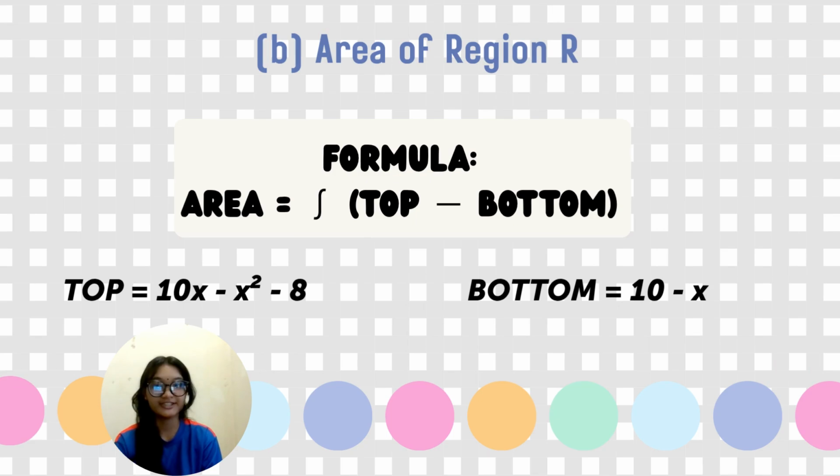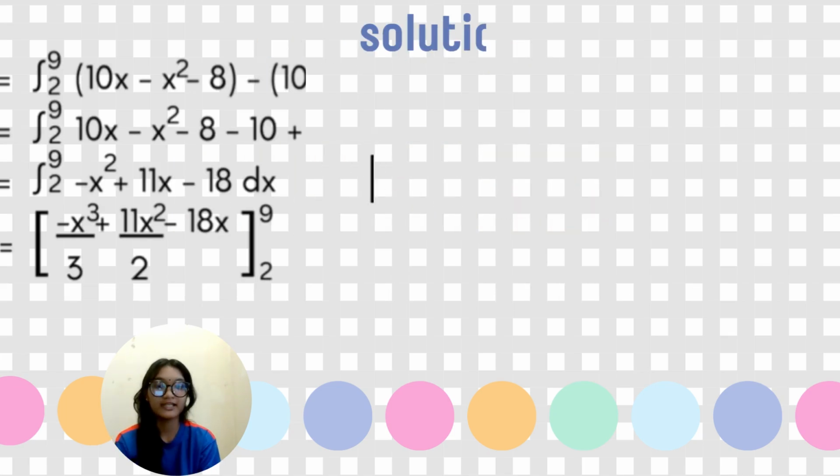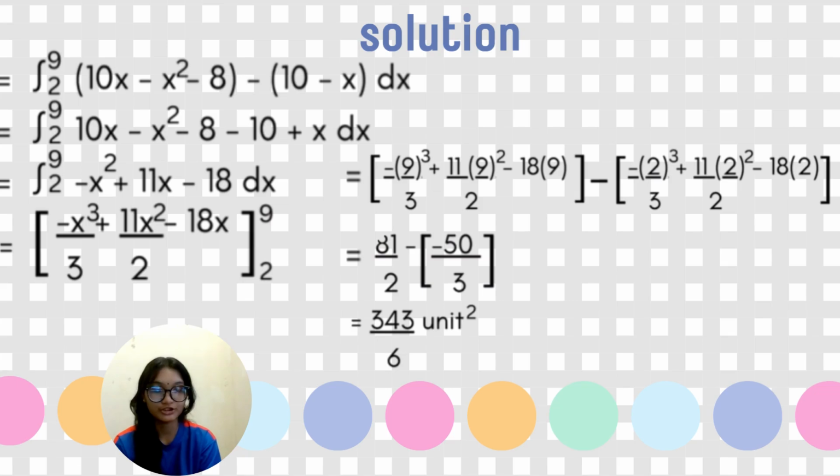We need to find the shaded area of R. To do this, we need to use definite integration. The formula is to integrate the top function minus the bottom function. The top function is 10x minus x squared minus 8, and the bottom function is 10 minus x. Now let's look at the solution of question B. Integrate from x equals 2 to x equals 9.